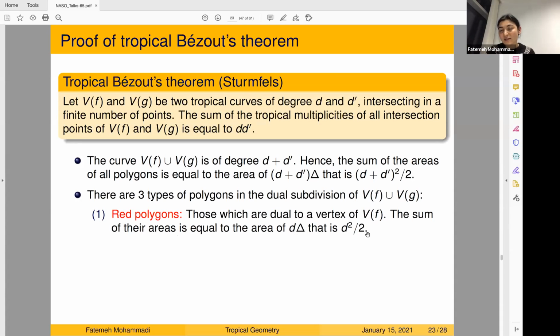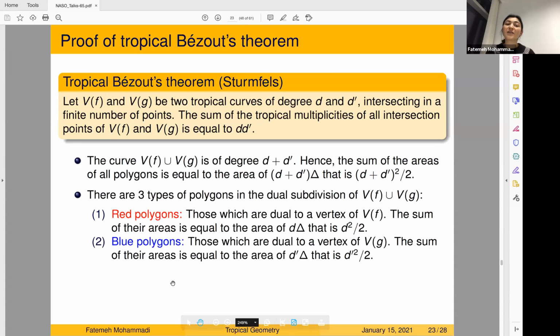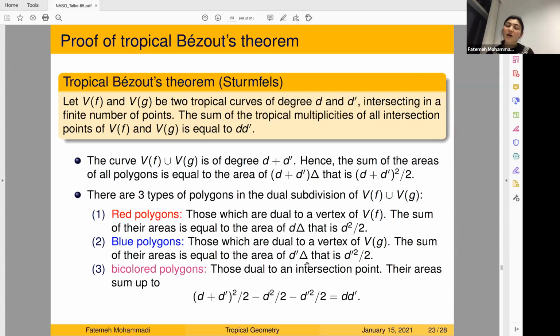Then I can sum up the area of those blue polygons, which is the area of d prime delta. And then I also have the area of this big triangle. If I subtract these 2, what I get is just d d prime, which is the area of those bicolored polygons corresponding to the intersection points.